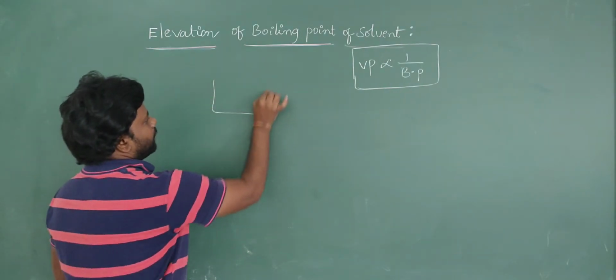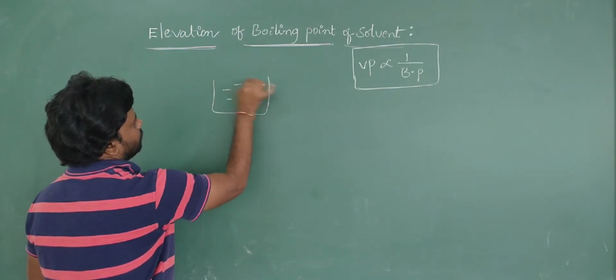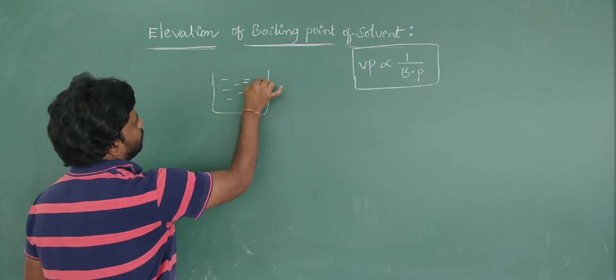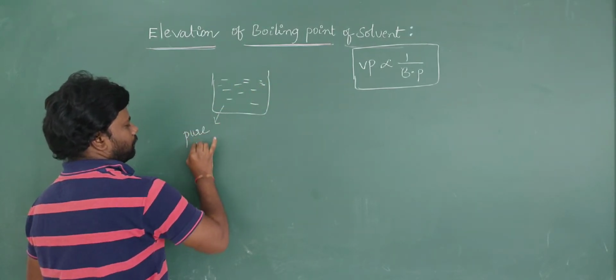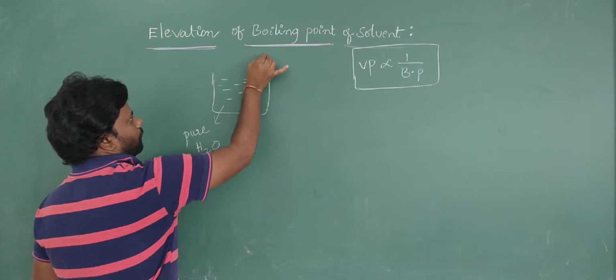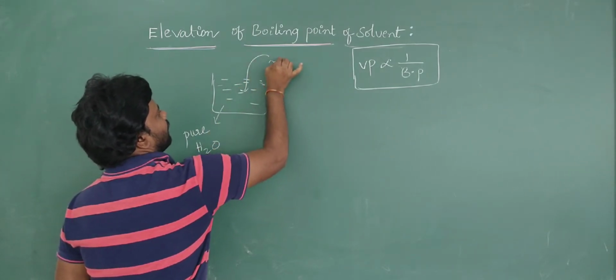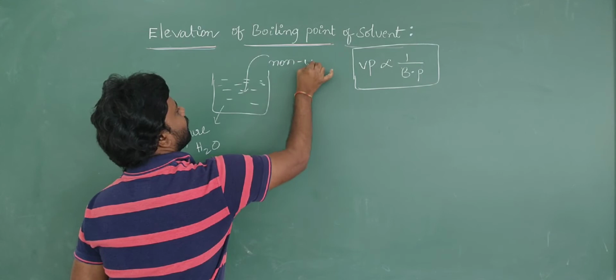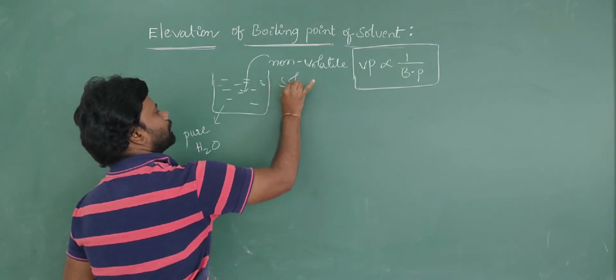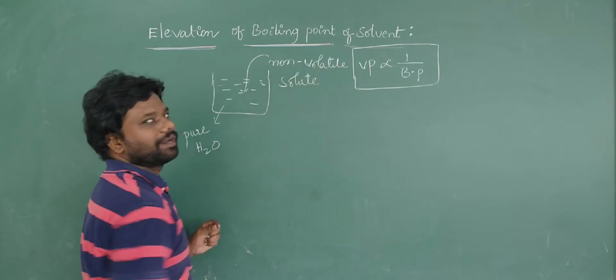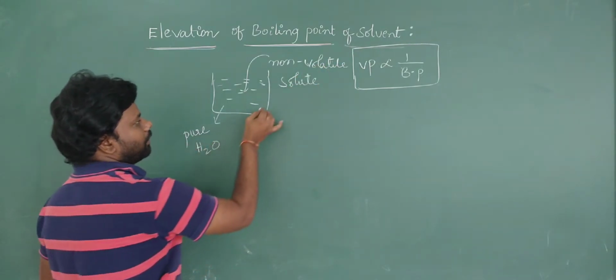So pure liquid is taken into the vessel, and non-volatile solute like urea or glucose is added to the solvent.